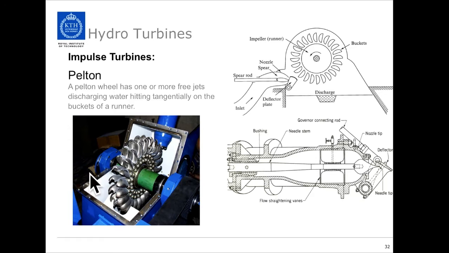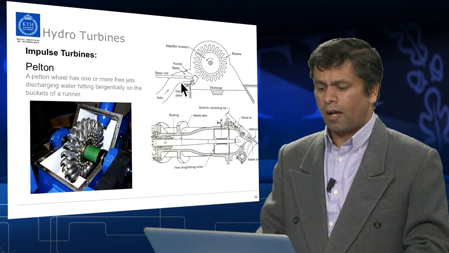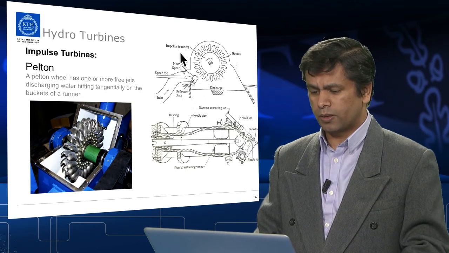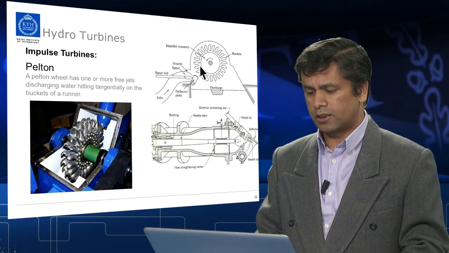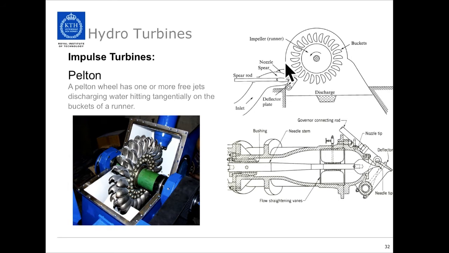You can see in the diagram, this is the stainless steel runner bucket, and you have nozzles, and these can be one nozzle or multiple nozzles, depending on the flow and the design head. You can see here the turbine's schematic diagram, where you can see the buckets and the nozzles, and also there is a spear rod to control the nozzle valve.